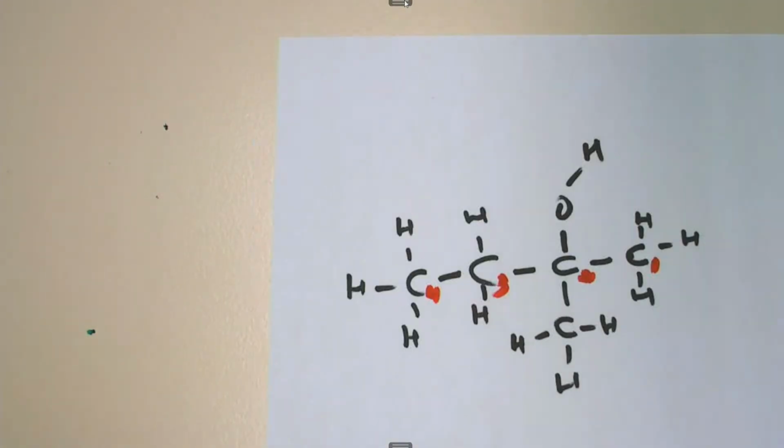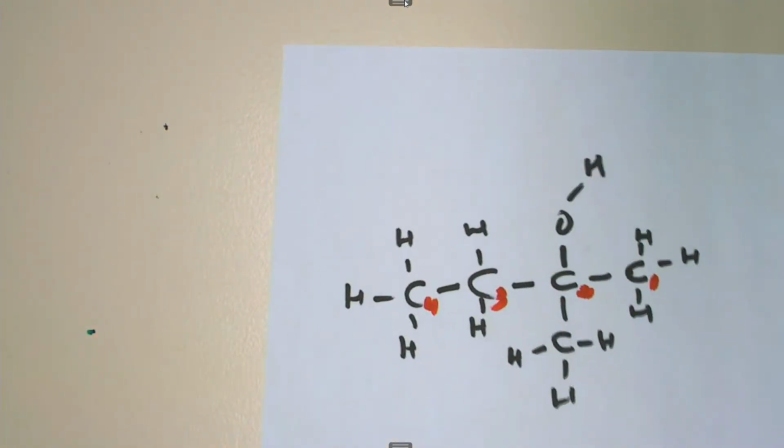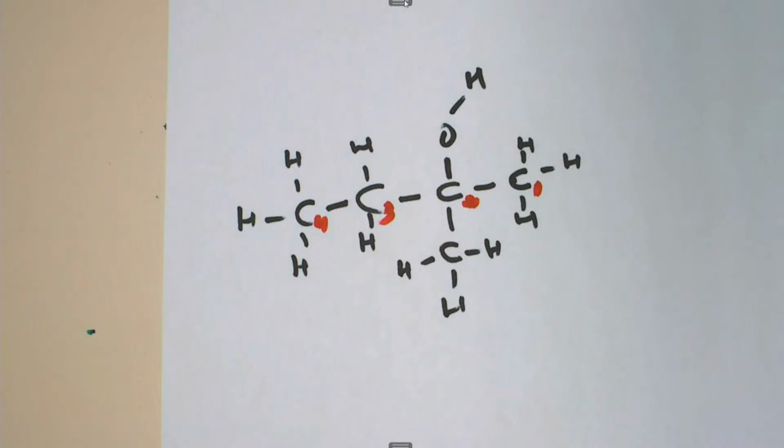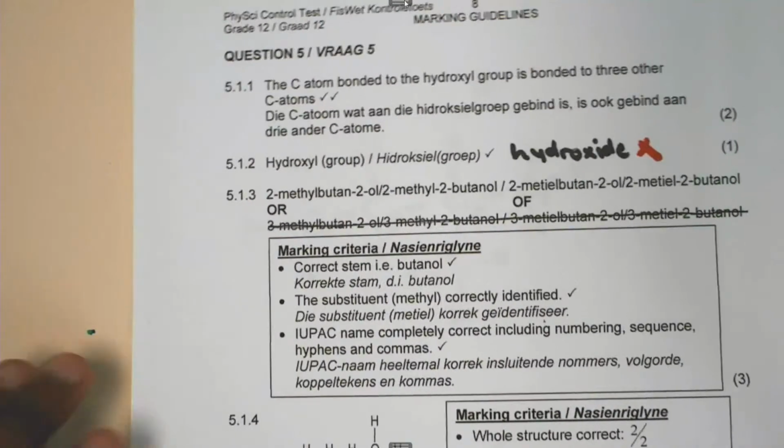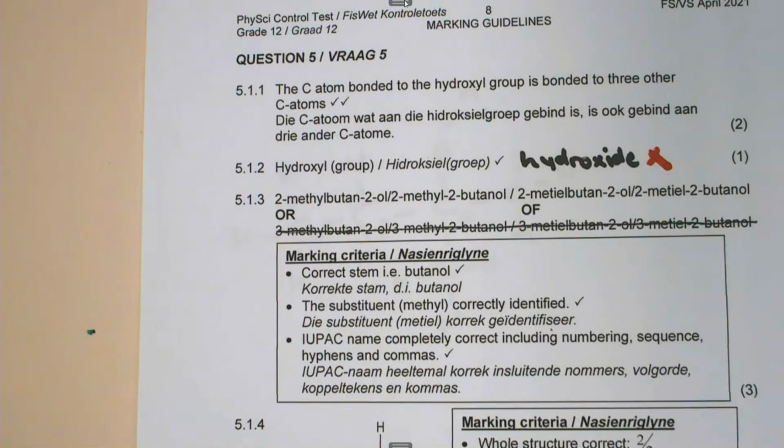Therefore, we are going to have a methyl on carbon 2 and a hydroxyl group on carbon 2. So the correct answer there for us will be 2-methyl butan-2-ol, or 2-methyl-2-butanol.